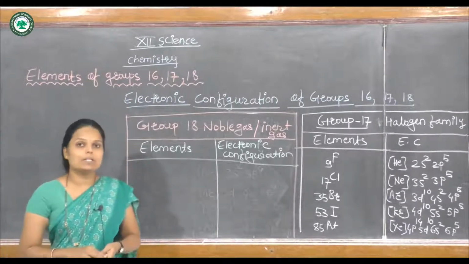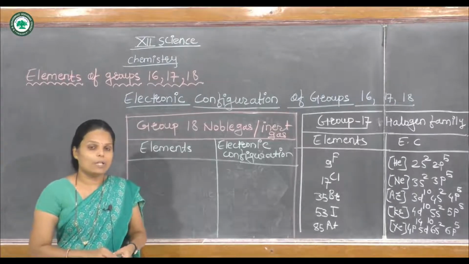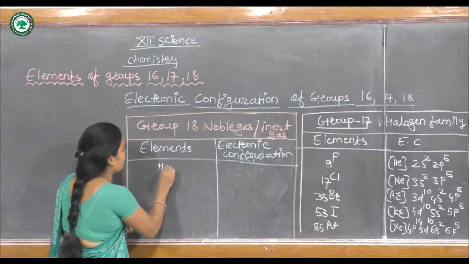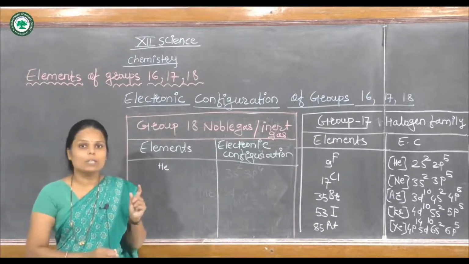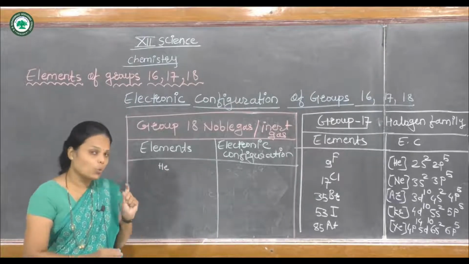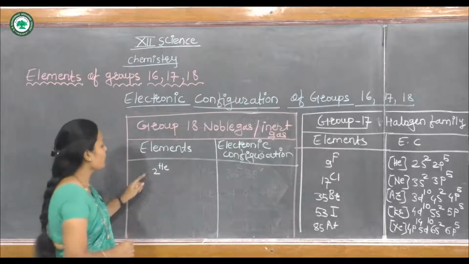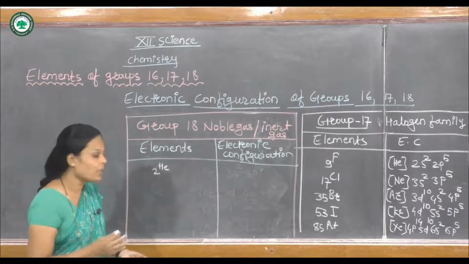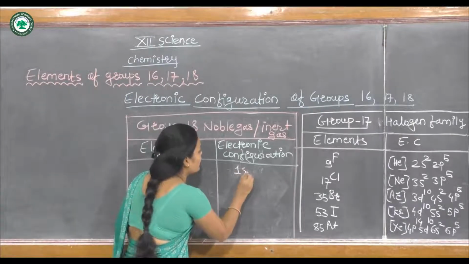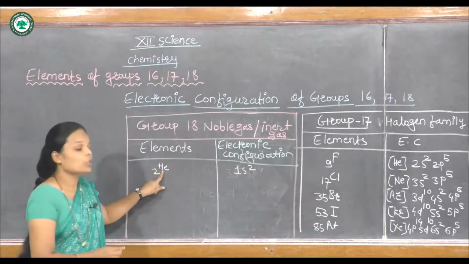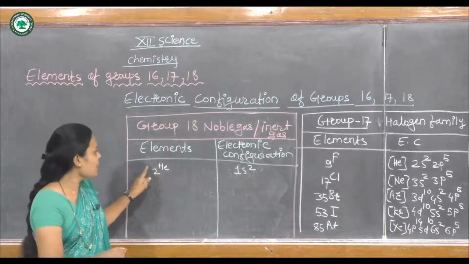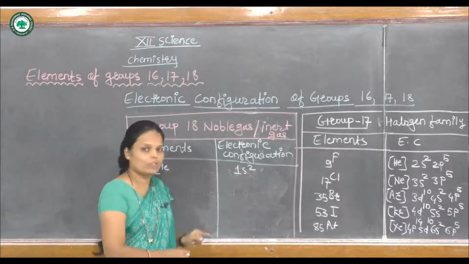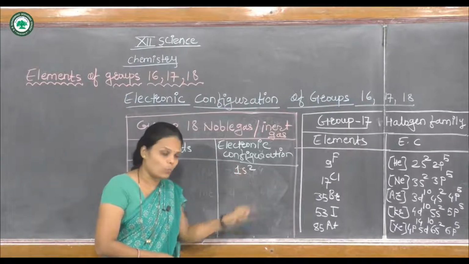The first element is helium. Its atomic number is 2, and its electronic configuration is very simple: 1s2, because 2 electrons are present in the helium atom.